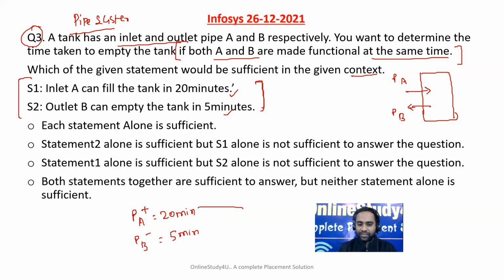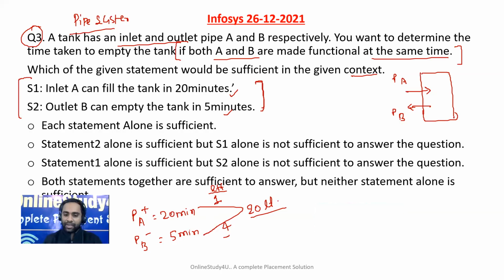Now let us take the LCM. The LCM will be 20, and that will become the capacity of our tank. Dividing by the time gives the efficiency. That means pipe A can fill 1 liter of water in 1 minute, and 20 by 5 is 4, that means pipe B will be able to remove 4 liter of water in 1 minute. Now total capacity is 20.